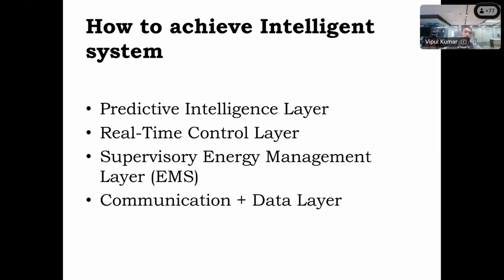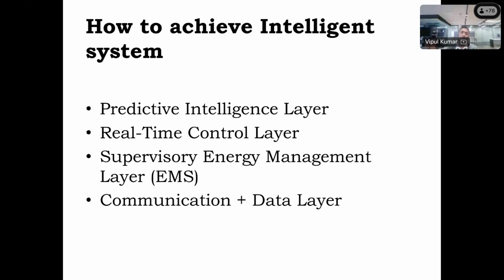After that, we have the energy management layer. That layer will manage the load on the basis of priority. So we can set the priority: if the load demands energy, who will give the energy first?